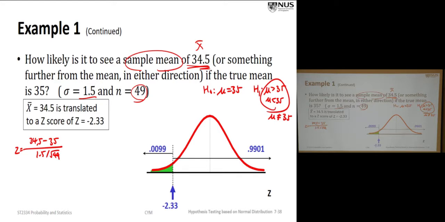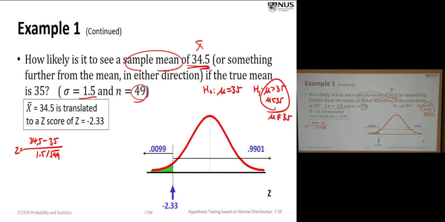Because it's a two-side alternative, you have to look at the chance of being smaller than minus 2.33. The chance is 0.99%, about 1%. While if you look at whether this is too big or not, the chance of being bigger than minus 2.33 is about 99%.